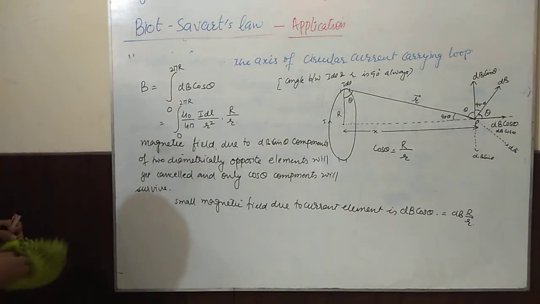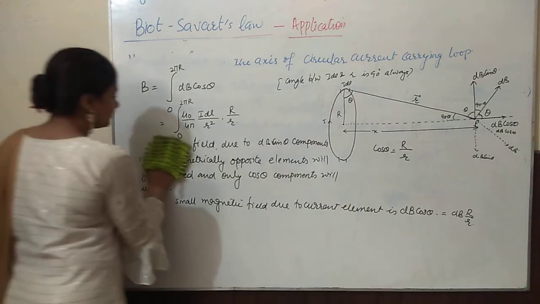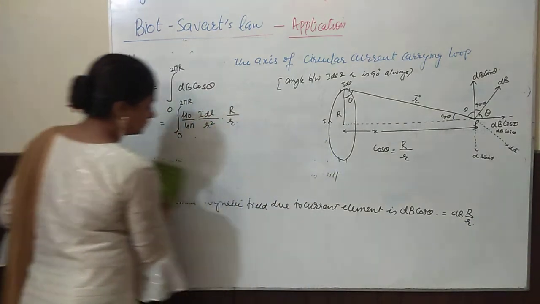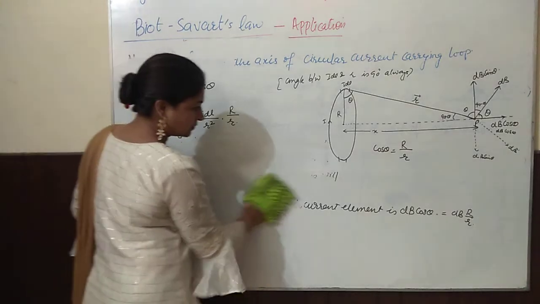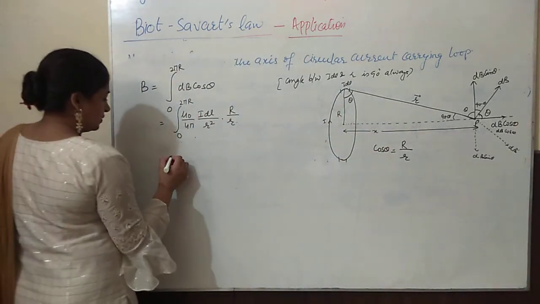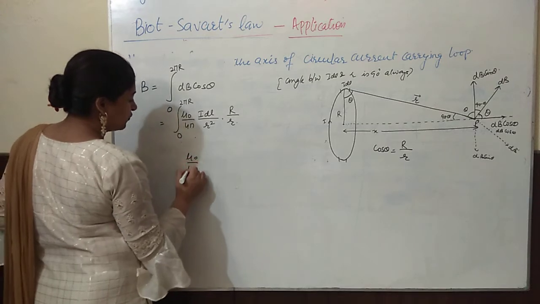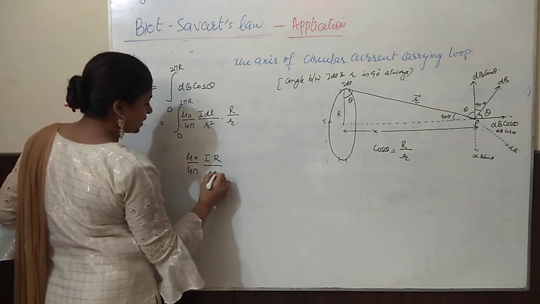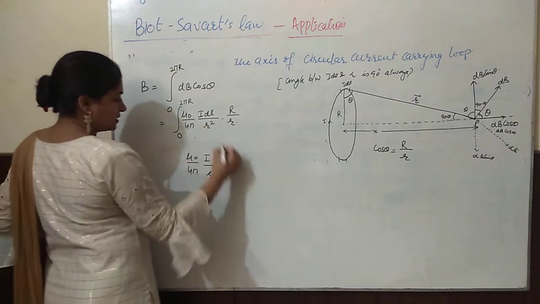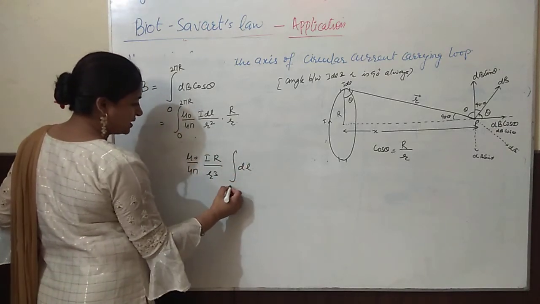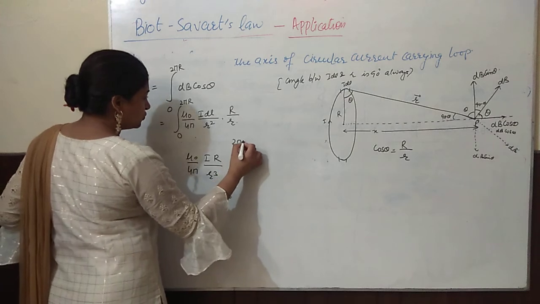Now let's do the integration. Mu naught over 4 pi, I r over r cube, and only one variable is left inside the integration, that is dl from 0 to 2 pi r.